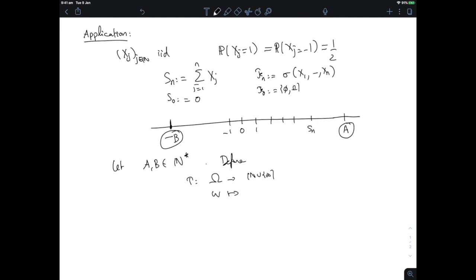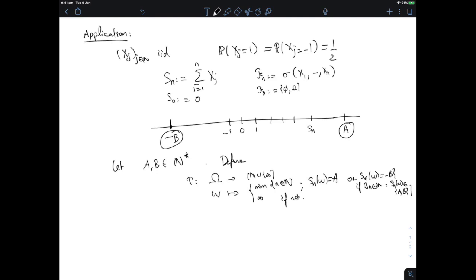It's going to be the minimum of the n such that Sn of omega is A or Sn of omega is minus B. That's in the situation where you do exit the interval, or I'm going to define it to be infinity if there doesn't exist an n such that Sn of omega is A or minus B. So if you don't exit the interval, then the exit time is infinite, and if you do exit the interval, it's the first time at which you've reached the boundary A or minus B.